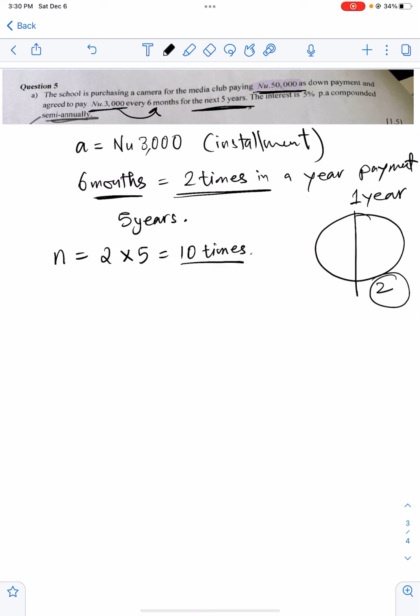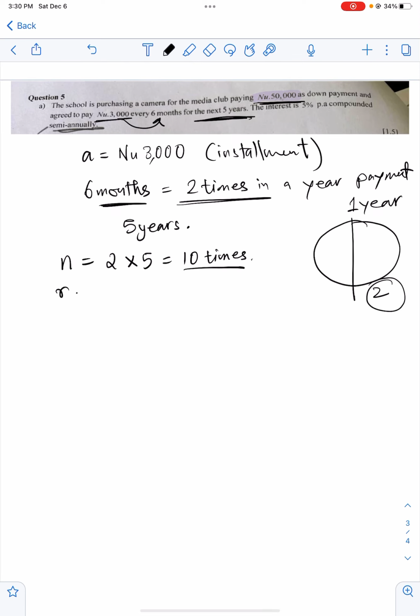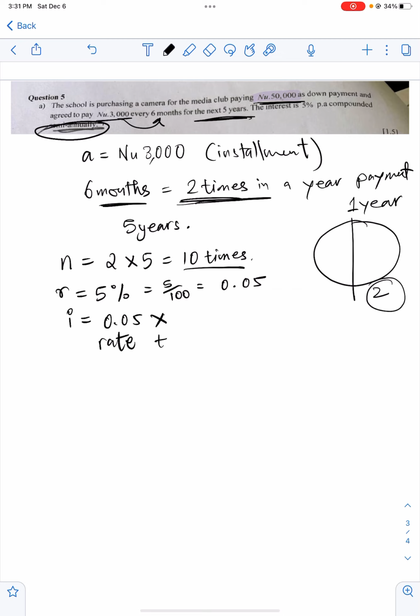The interest, so R is given, interest is 5% per annum compounded semi-annually. So semi-annually means 2 times. Now to get your I, the 5% rate means 5 over 100, which is 0.05. So 0.05 times the rate in 1 year.